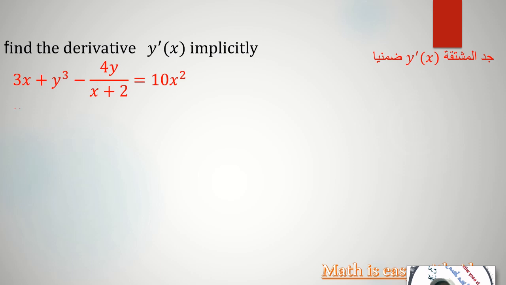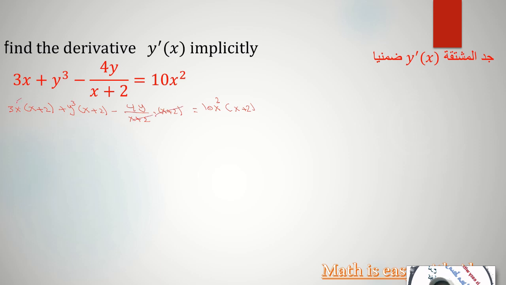So it will be 3x times x plus 2, plus y cubed times x plus 2, minus 4y over x plus 2 times x plus 2, equals 10x squared times x plus 2. So this will remove this one.